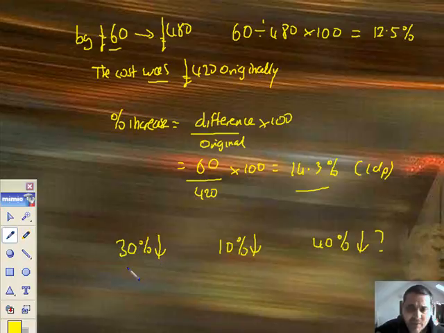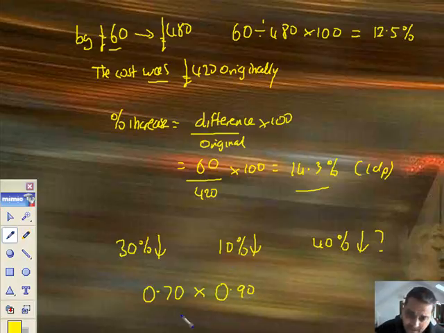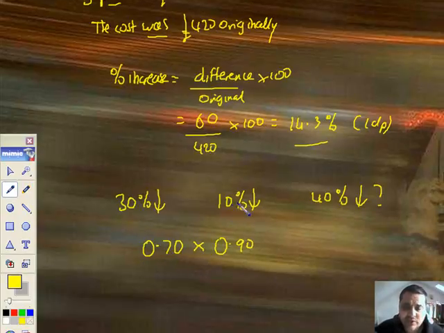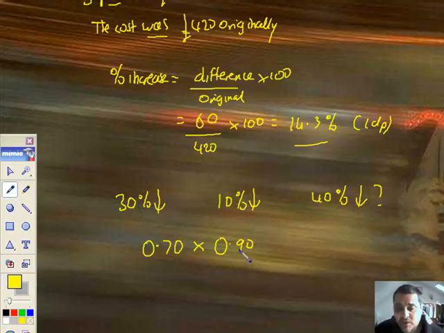So, if you've gone down by 30%, you have 70% of the money you still have to pay. And if you're going to go down by another 10%, you're down to 90% of this amount. Dropping by 30% gives a multiplier of 0.7, dropping by a further 10% gives a multiplier of 0.9.